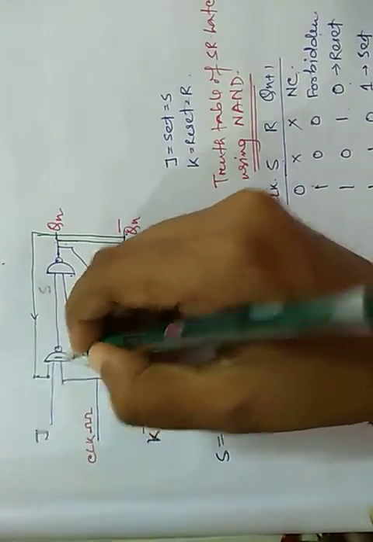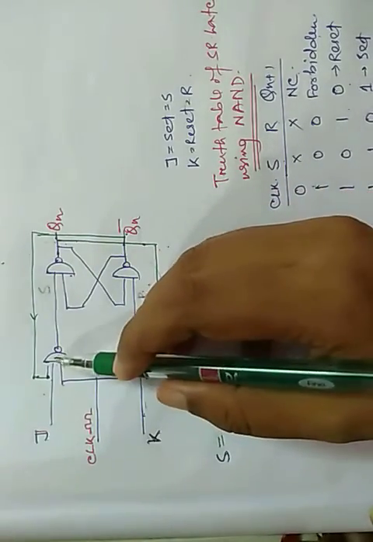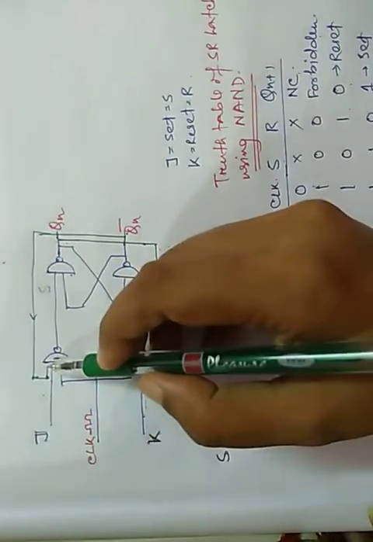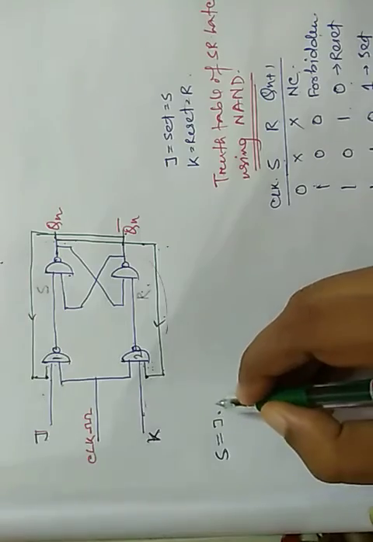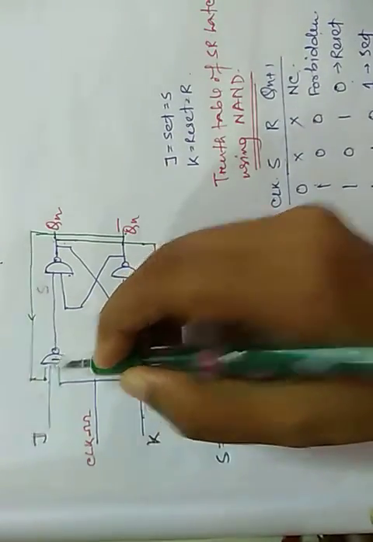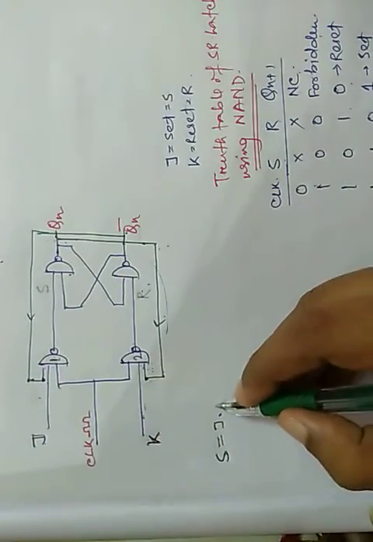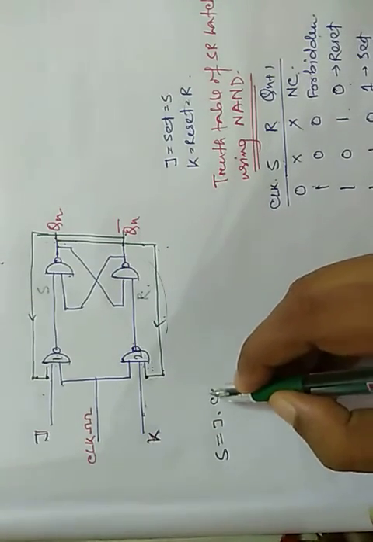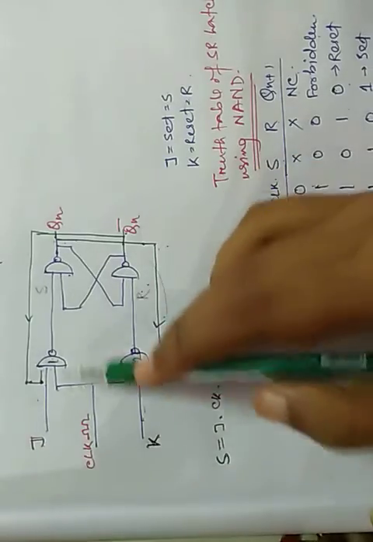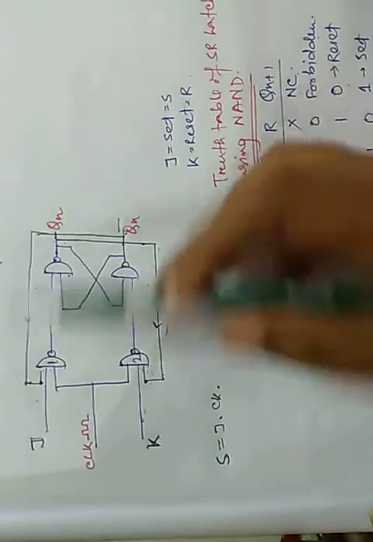This is gate number 1, this is gate number 2. So this output is, by NAND operation, one value is J, one value is clock and one value is Qn bar.